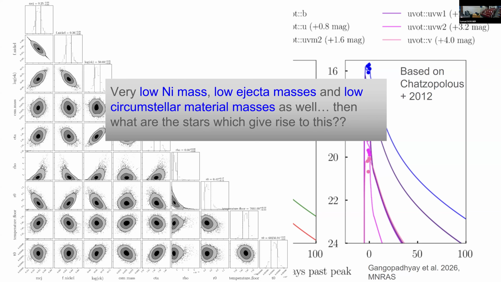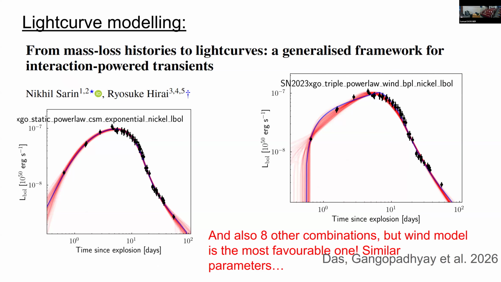Then the question is, what kind of stars give rise to these kinds of explosions? Now, as you see, there are a lot of light curves with diverse, asymmetric structures, the ones on the right that I showed. For those, if we fix the circumstellar medium geometry, it becomes really tricky. So we have this new formulation from Nikhil, which is now on arXiv, where we don't fix the circumstellar medium configuration, and we can use a time-varying configuration of circumstellar medium density and velocity.